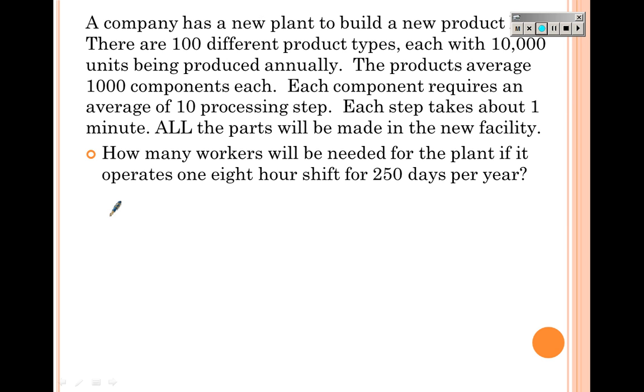We have 1 times 10 to the 10th steps, and we need to multiply that by, each step takes 1 minute.